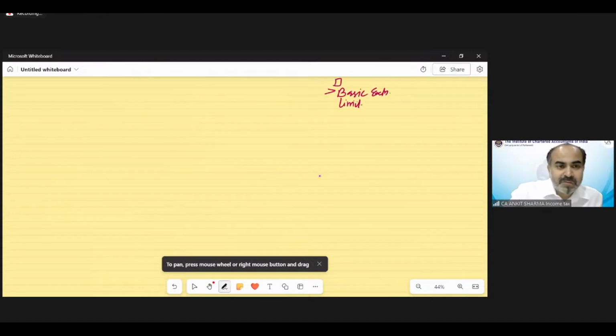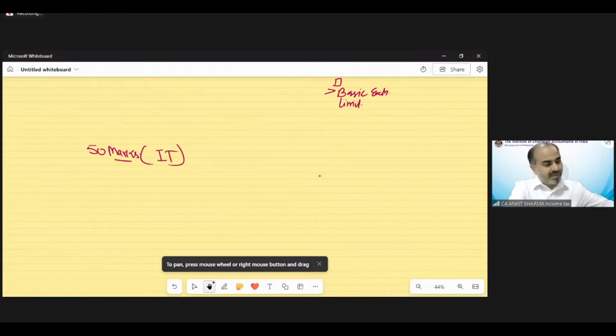In the 50 marks of the income tax part of the paper, technically, I have seen almost small chapters, those are really easy to complete, cover and revise. Like income from house property and income from other sources.